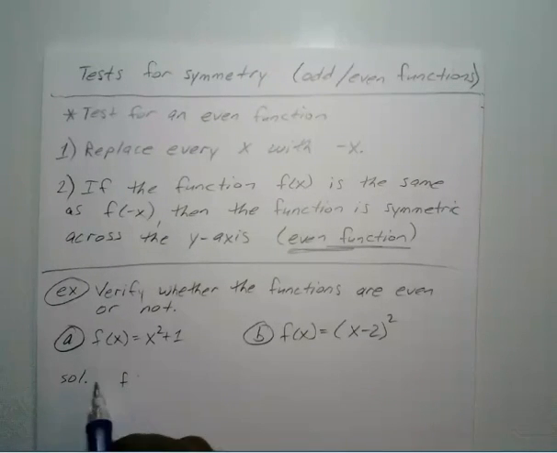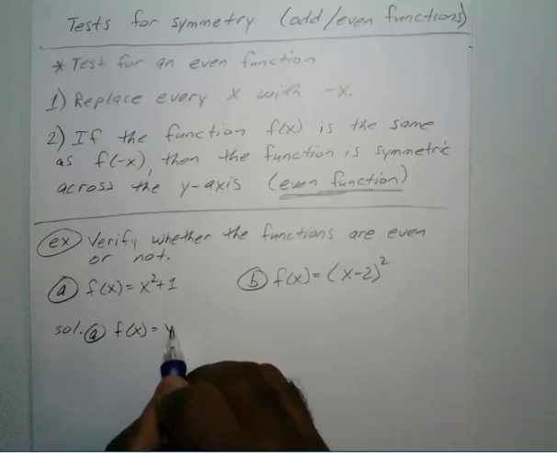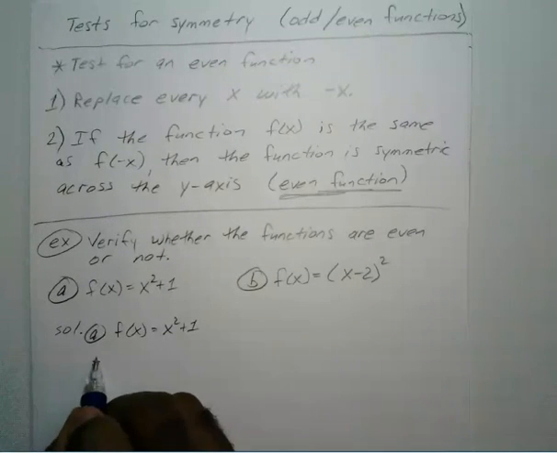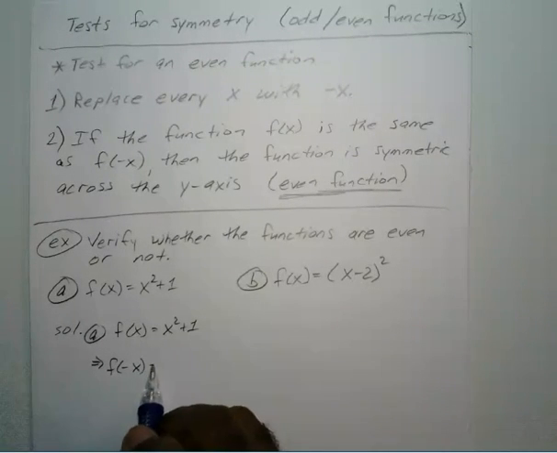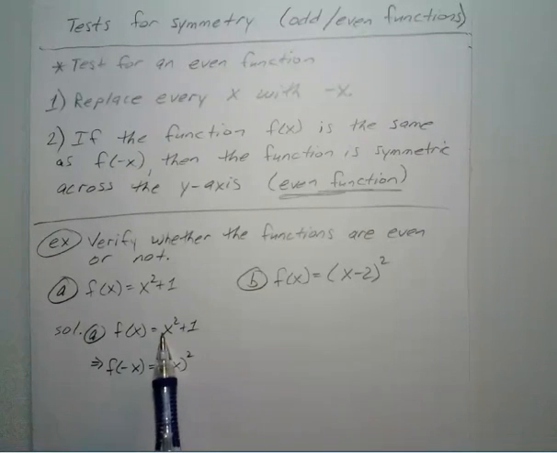Okay, so for problem A, f of x is equal to x squared plus 1. To test to see if it's even, we're going to replace that x with negative x. That means that f of negative x equals negative x, squared, plus 1. Remember, you don't want to just put a negative in front; you're actually squaring the entire negative x.